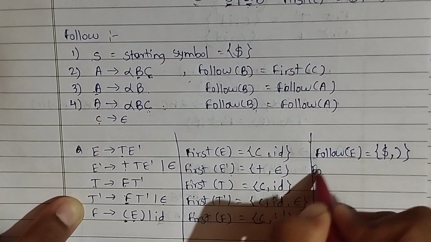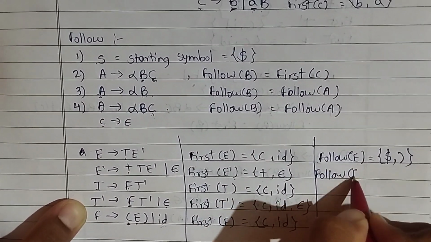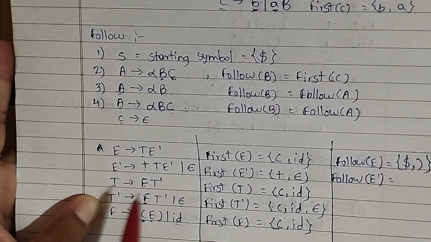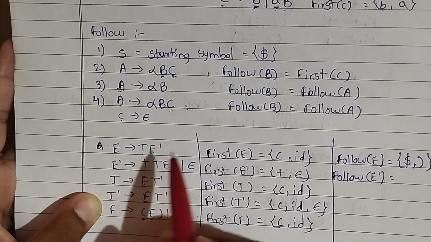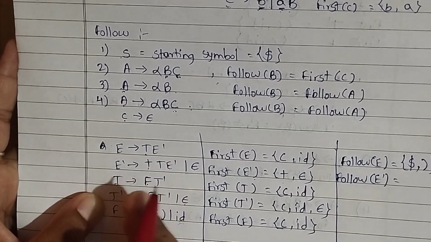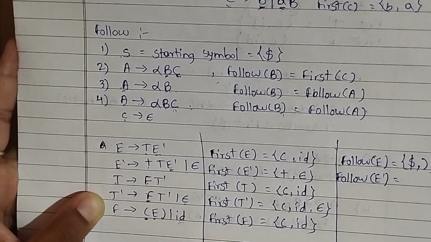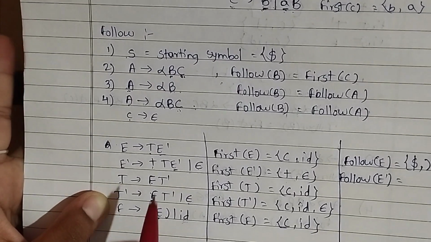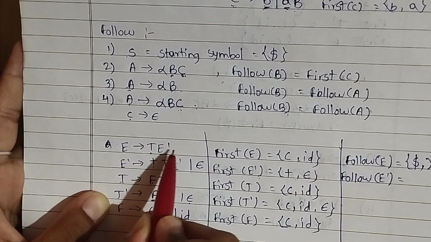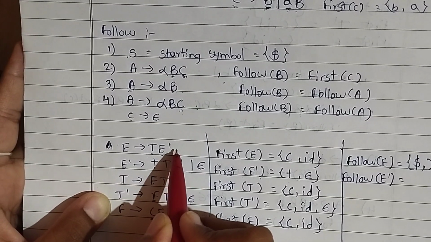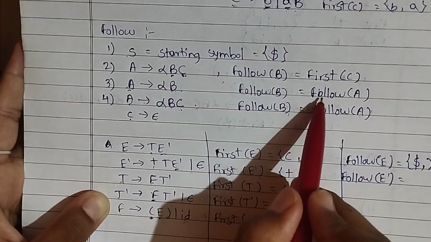Now we see follow of E dash. Again see where E dash is present on the right side. Here E dash is present, and here also E dash is present, two times. Now for this E dash, who follows it? Null follows. And if null follows, then what is the rule?